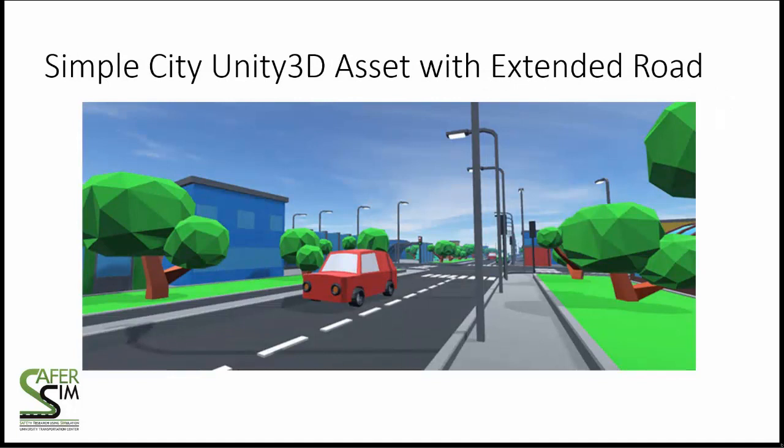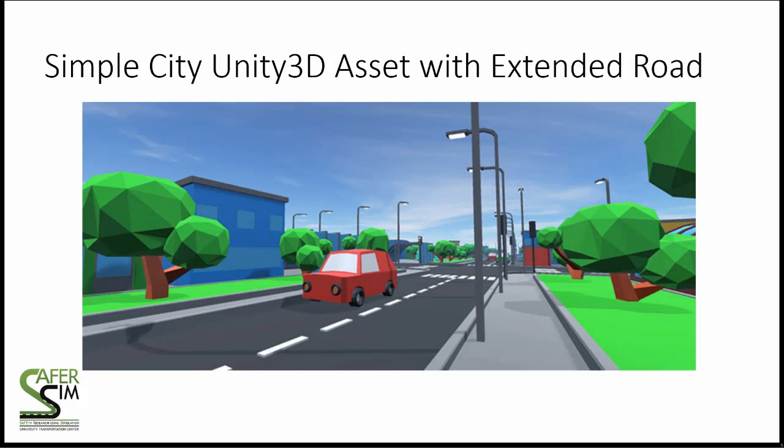So ours was based on an asset from the asset store in Unity 3D called Simple City. It's very cartoonish, but provided us with a good basis for the simulation.